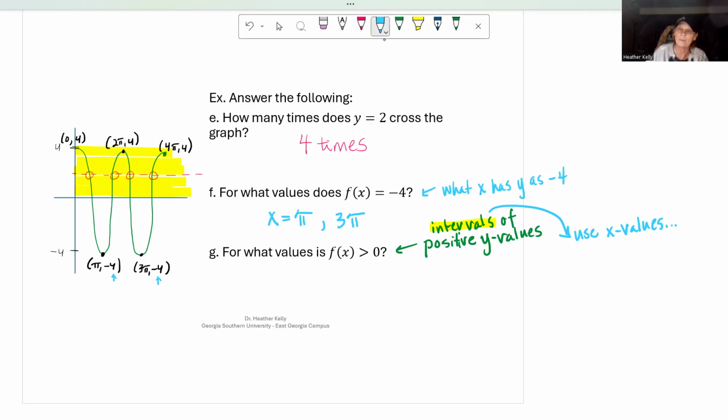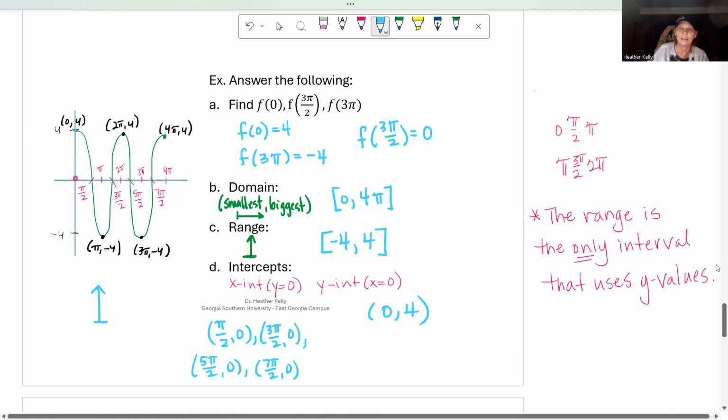We want to say between what x's are the y's above the x-axis. Like literally that's... oh, sorry about that.